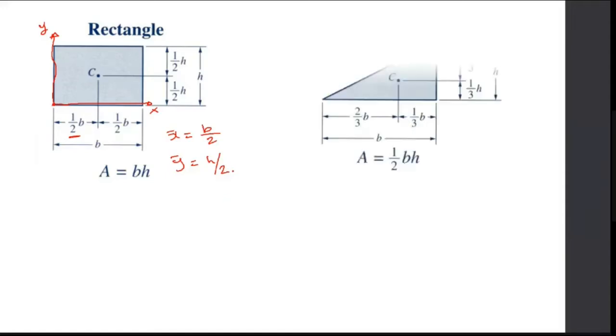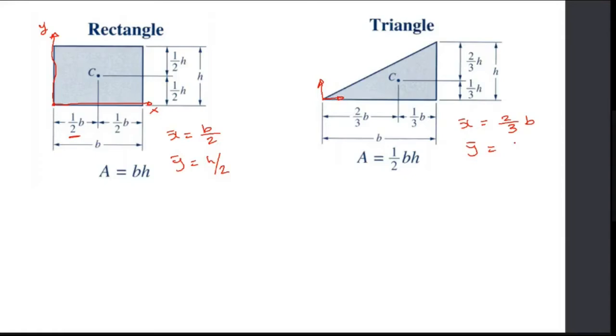Then for a right angled triangle, considering this as x and y, your area is half into base into height, and your x bar from the origin at the base is 2/3 of b, and your y bar is 1/3 of h.